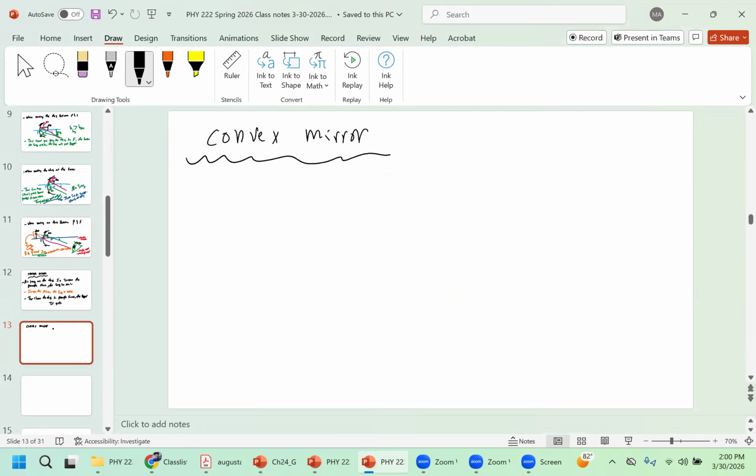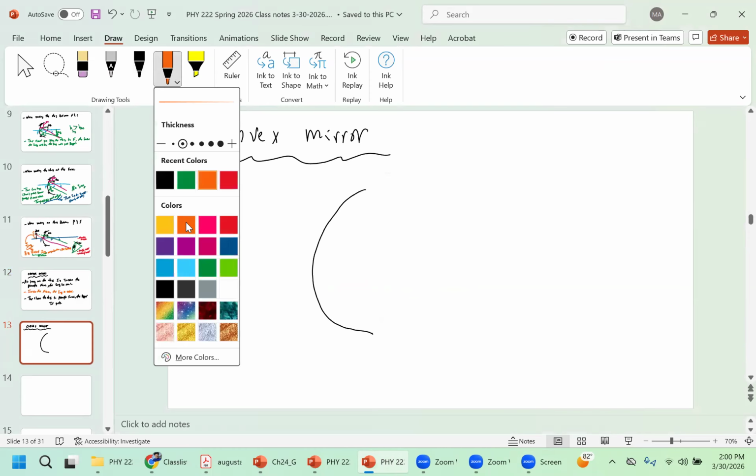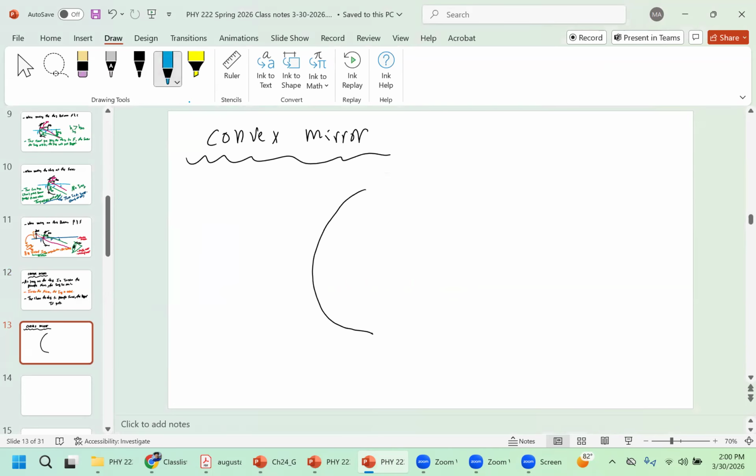which basically, again, in your convex mirror, it is the opposite of the concave, which means that this is going to be, again, your dull side, and this is going to be your shiny side over here.